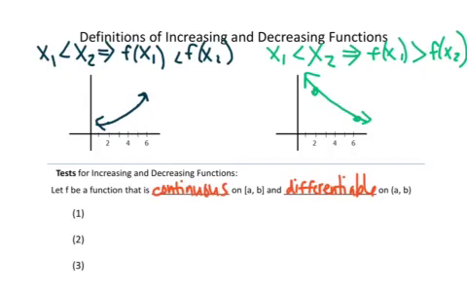So with this condition, if the function's derivative, f prime of x, is greater than 0, and this is already a connection that we know, then we already know something about f. So think about what that is. It's that f is increasing.